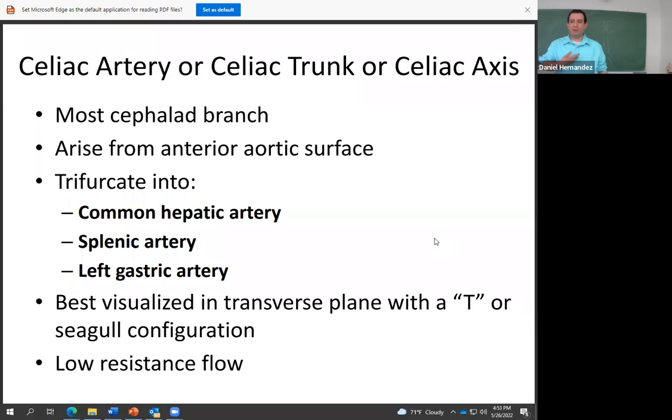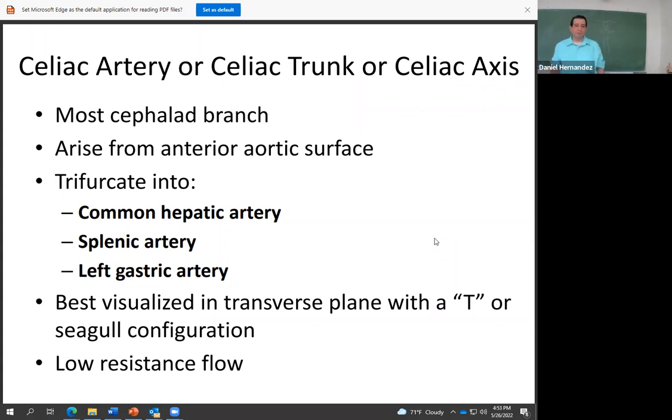So this is the most superior branch of the abdominal aorta. Again, we said it arises off the anterior aortic surface. This artery will trifurcate, so have 3 branches: the common hepatic, the splenic artery, and then the left gastric artery.